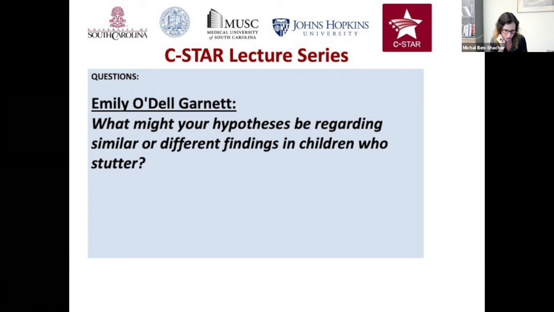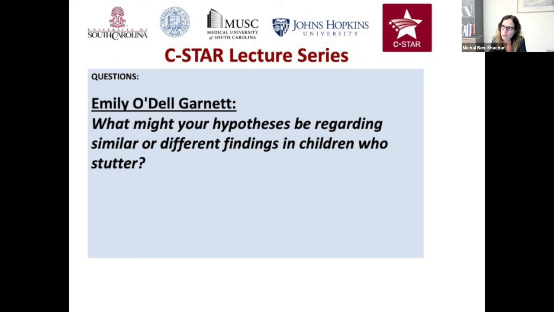If I had to guess, I would hypothesize that the cerebellar differences, or the cerebellar associations that we see, are something that emerges fairly early.